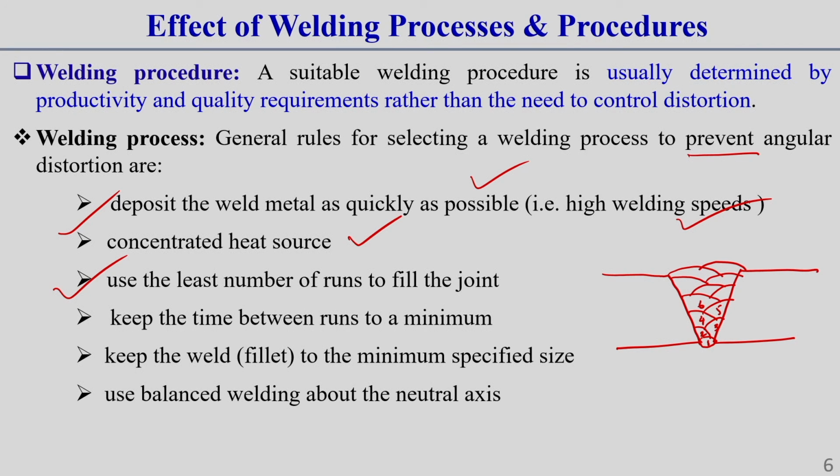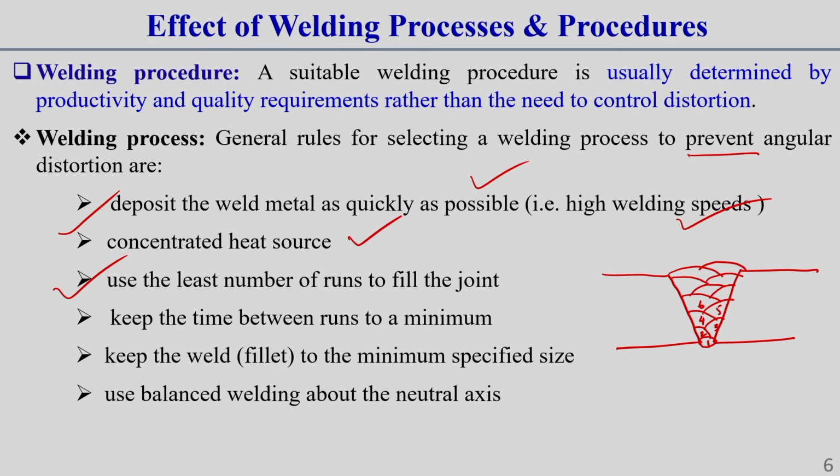For thick sections, we should use as few runs as possible, because the higher the number of passes, the higher the chance of hitting that zone multiple times. So, the thermal expansion and contraction will be higher, and due to the larger number of runs, there is a chance of more deformation.